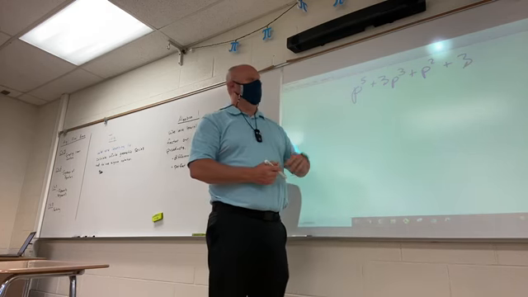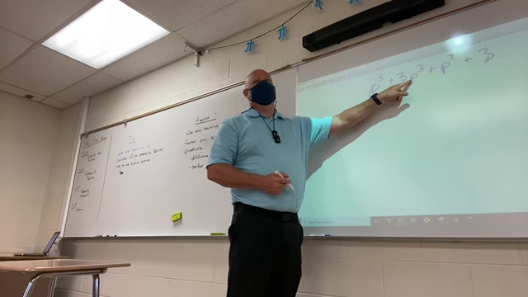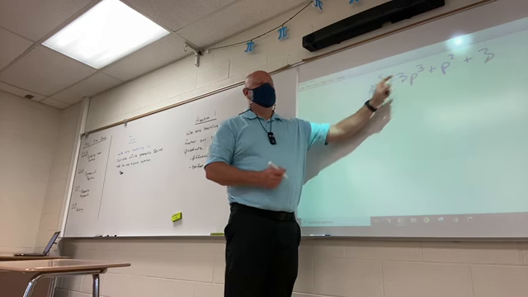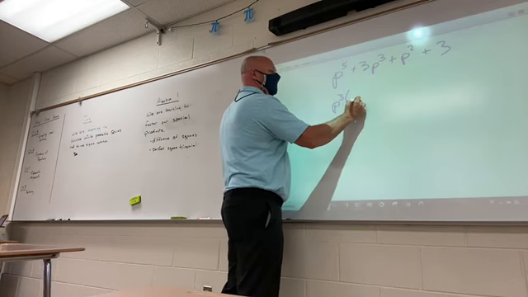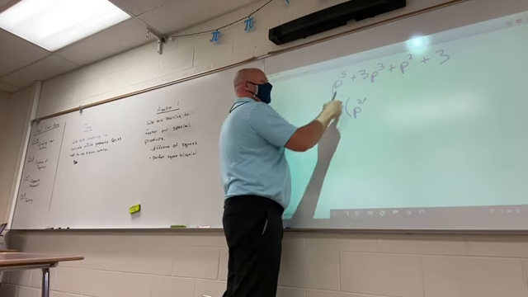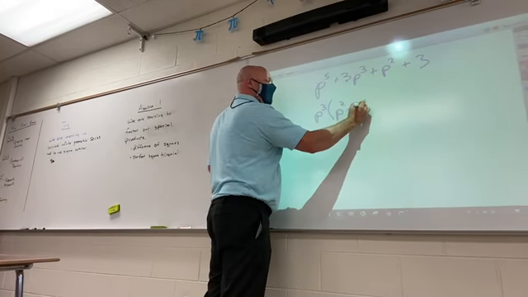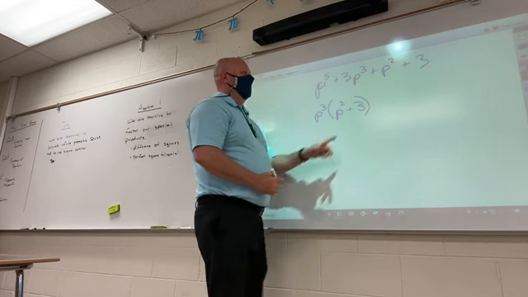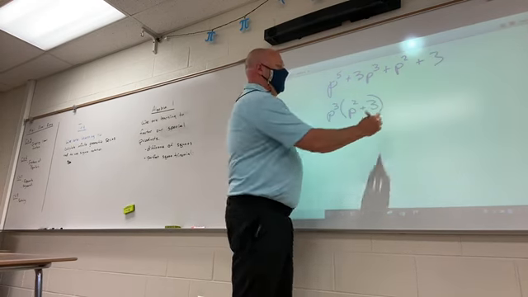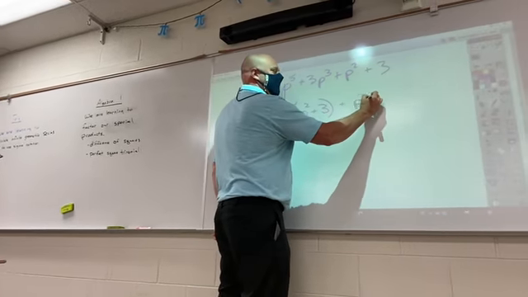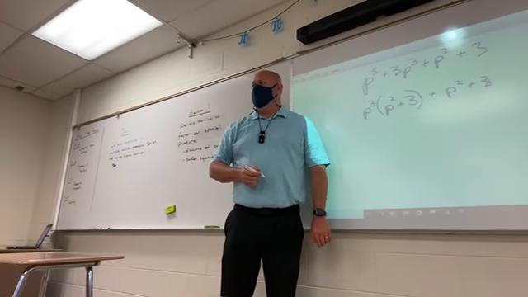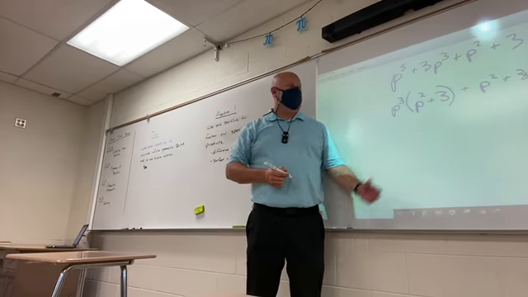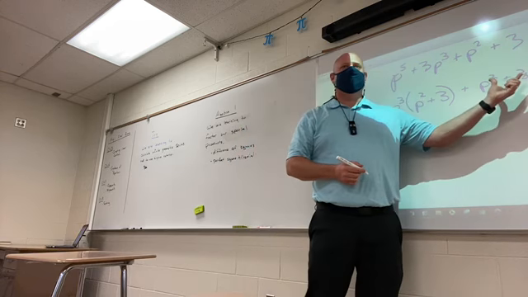So now you think, all right, 4 terms. Now I'm thinking grouping. Can I pull something out of these first 2? 3p's, so p to the third. And if I do that, I end up with p squared, and I pull out 3p's, and I get 3. Now, there's nothing I can pull out of p squared plus 3, but what do you notice about this? Don't you have p squared plus 3 and p squared plus 3?